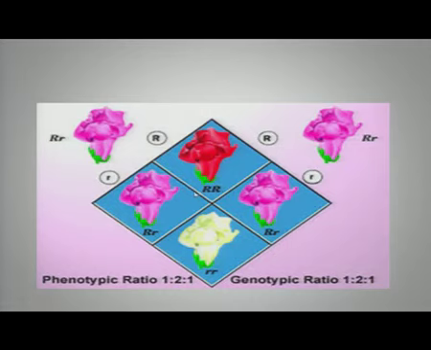This is the typical cross. F1 progeny with a capital R and small r allele we have crossed. That means they are pink ones in flower color. In the F2 generation, we obtained one red, two pink and one white.